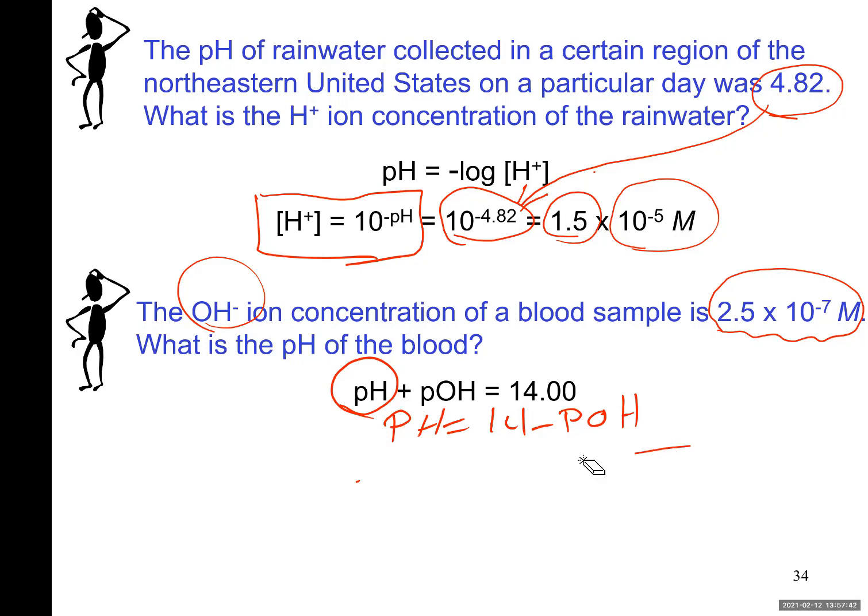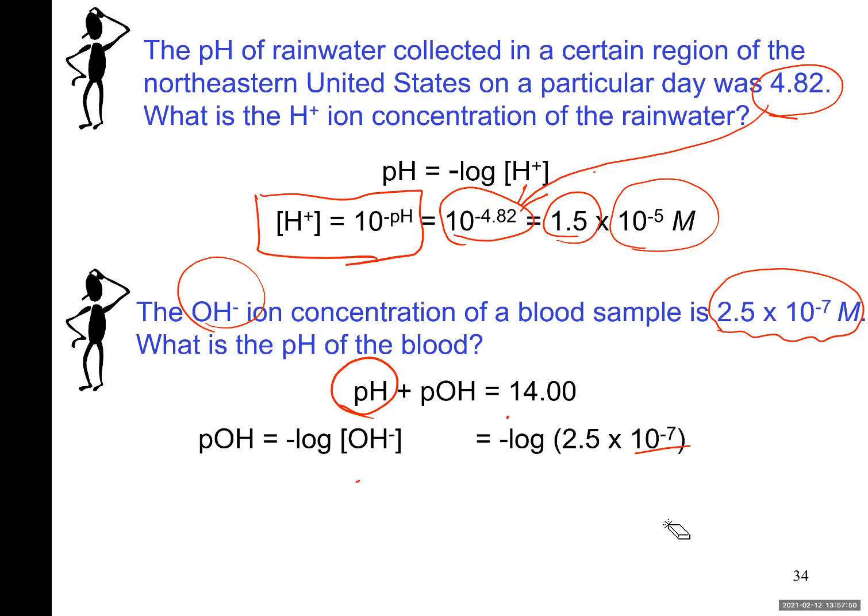So can I say that pOH is equal to negative log of OH minus, and the value of OH minus is given, 2.5 times 10 to the minus 7. So I can calculate pOH, which is 6.6.